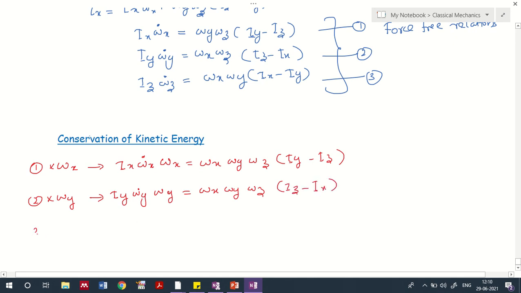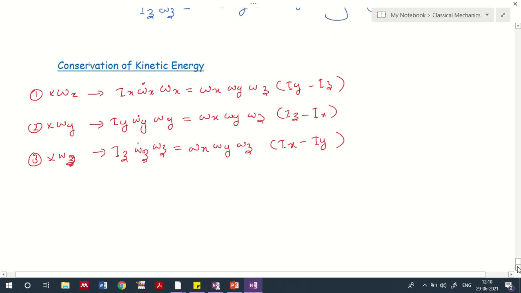In the third case, multiplying with omega z, I get Iz omega z dot omega z equal to omega x omega y omega z into Ix minus Iy. So I get three equations by multiplying the first, second and third equations of force-free motion of a rigid body with omega x, omega y and omega z.